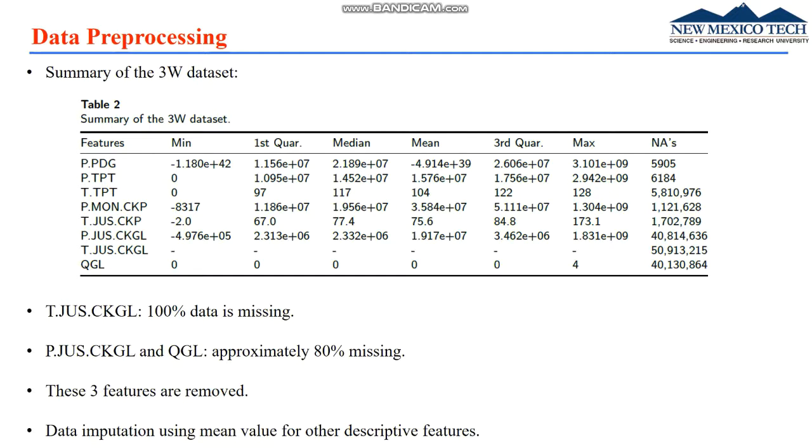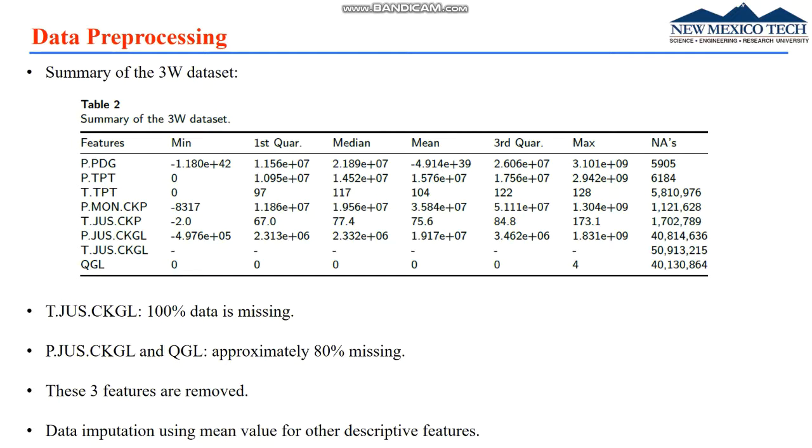In order to apply the algorithms successfully on the 3W dataset, we tried to summarize it so that we can see what it contains. In the summary, Table 2, you can see that the last 3 features have too many missing data. So we decided to remove those last 3 descriptive features, because there are more than 50 million instances.